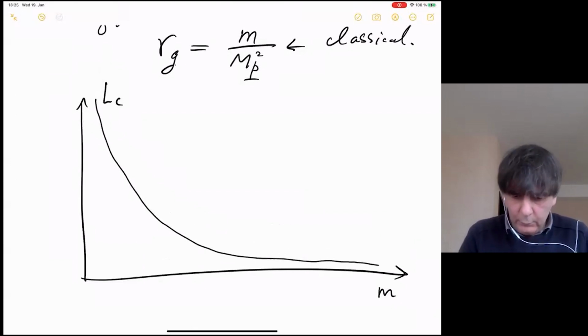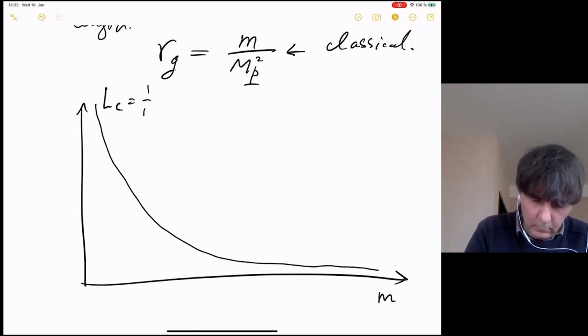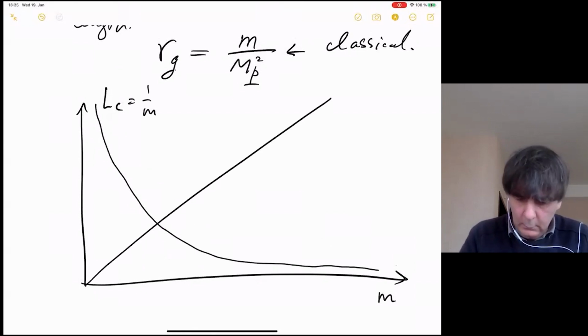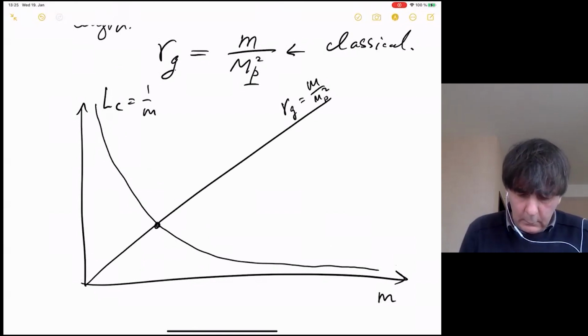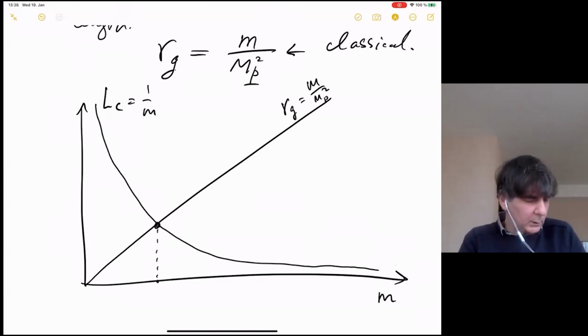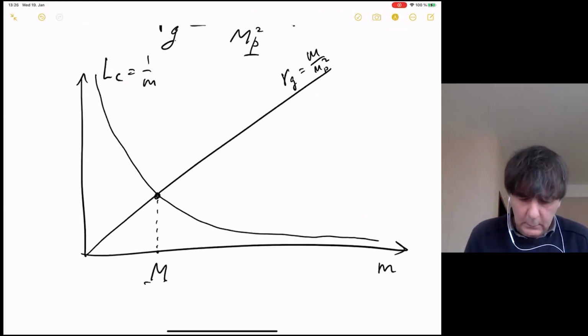Then we have the gravitational radius, the Schwarzschild radius, which is linear in m: Rg, which is m over m Planck squared. The gravitational radius increases. There is a crossover, and the crossover is at the Planck mass.